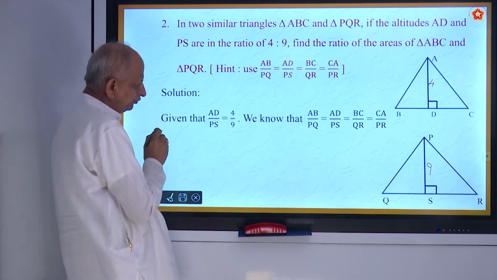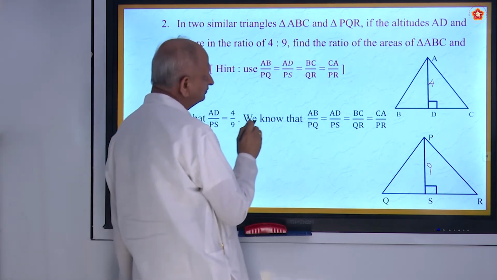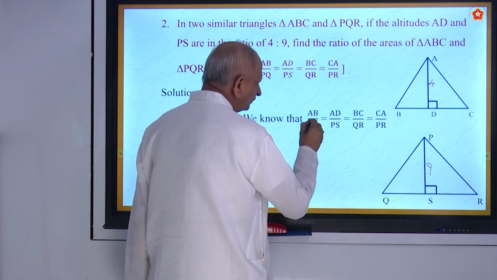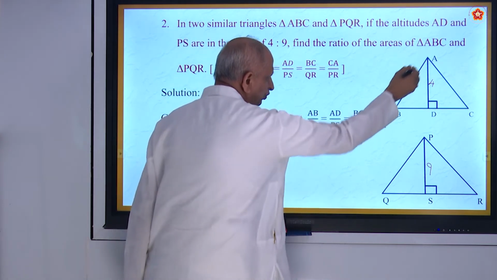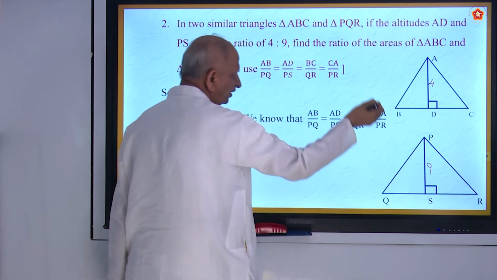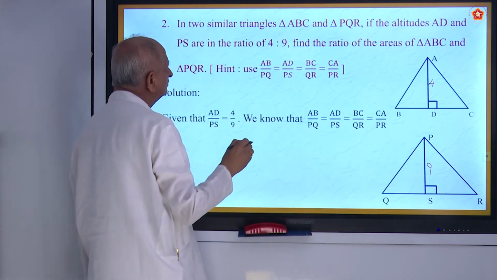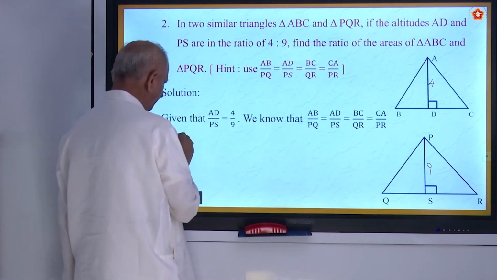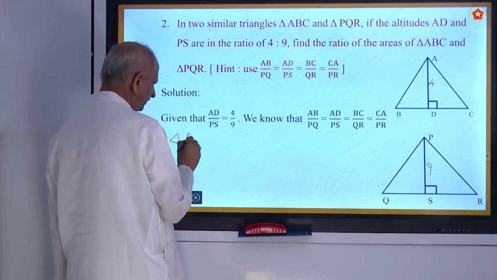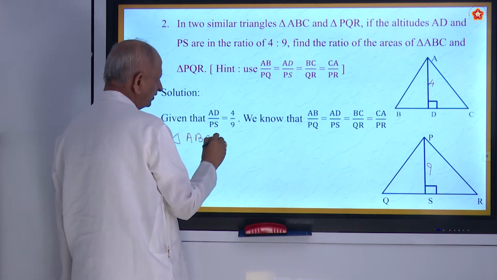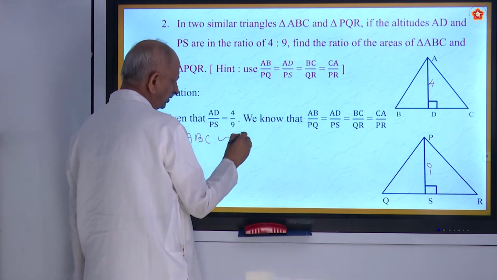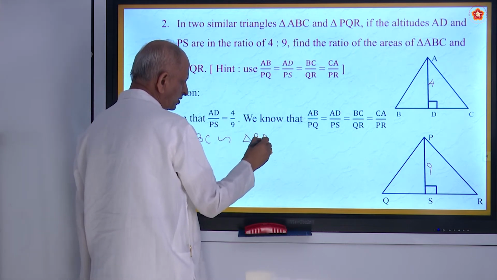So we know that, because the two triangles are similar, so you must write triangle ABC is similar to triangle PQR.